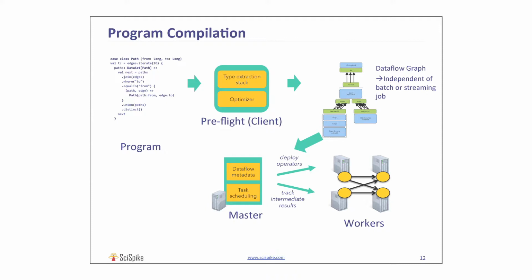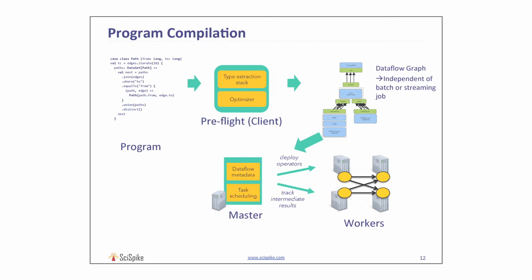One thing that is very interesting is when you start from a Flink program, you are going to have a pre-flight part of the execution that is running on the client that is going to do basically the compilation and optimization. What you get as a result of that is the data flow graph. You can think of this graph as the logical graph that can then be optimized and adapted to your actual platform.